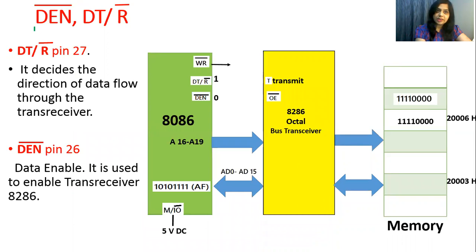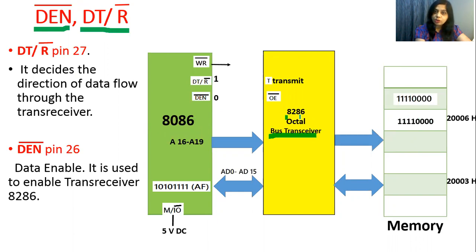Now the next pins are DEN bar and data transmit slash receive bar. Remember that whenever we connect memory or an input output device to 8086, we never connect that peripheral device directly to 8086. We always connect a bus transceiver IC in between.